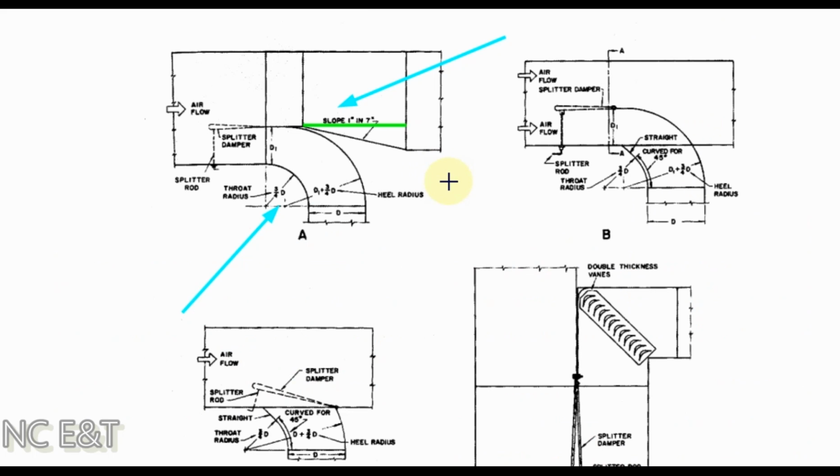When we are using a Y fitting to make a takeoff or the branch from the main duct, the elbow portion for the takeoff or the branch should be considered as a full radius elbow, and the inner radius will be 3-4 times the branch or takeoff duct dimension. The remaining straight portion should have a slope of 1 inch in 7 inch, or in angle you can say 30-degree angle.